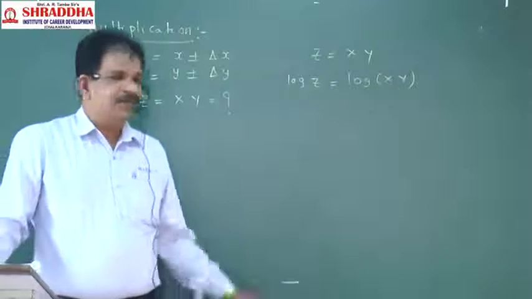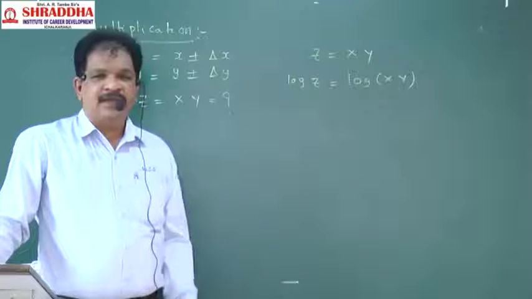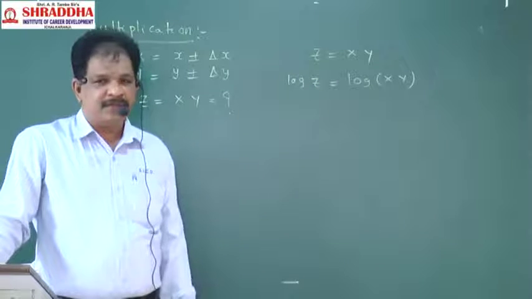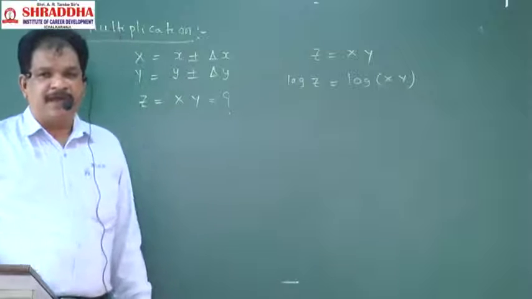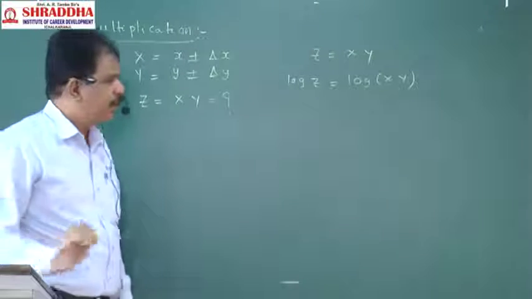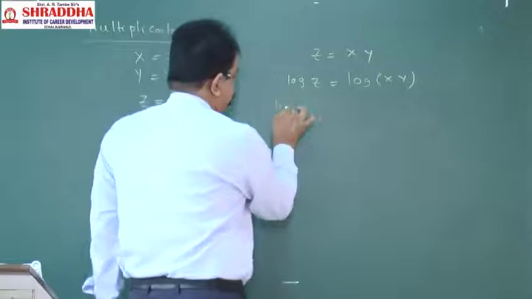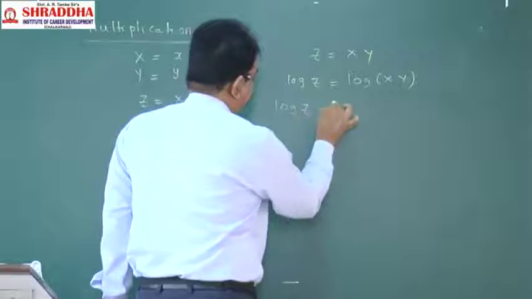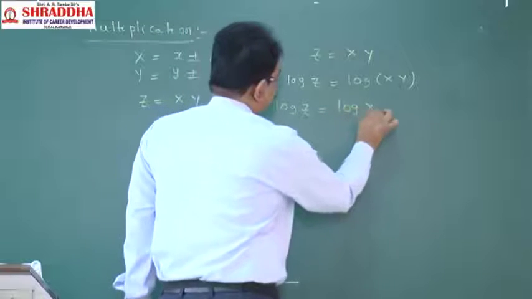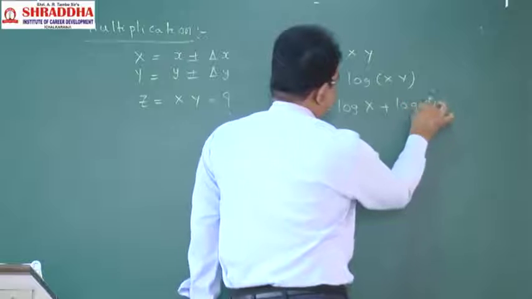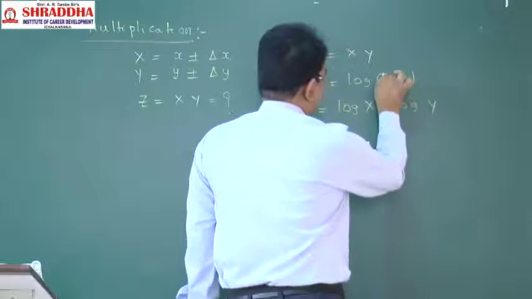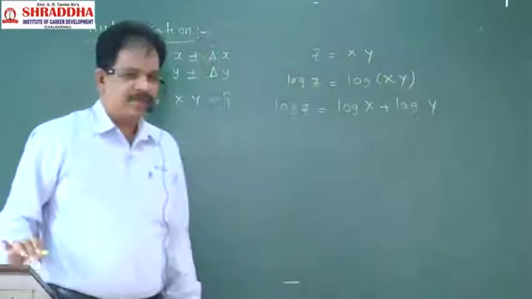Log z is equal to log of xy. Log AB means log A plus log B, the logarithmic formula. From that we can write log z is equal to log x plus log y. Clear understanding?